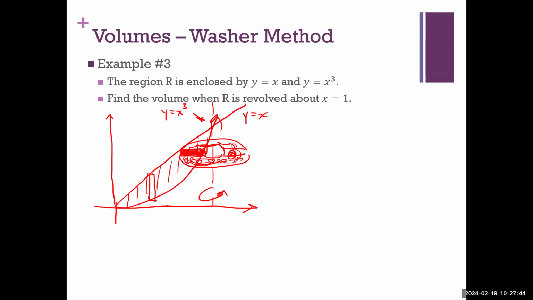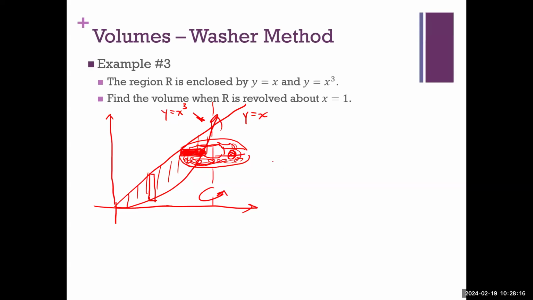If I revolve that around the axis we're trying to rotate over, what is that going to make? I mean, it's still going to be cylindrical in shape, but these cylinders are going to be totally hollow. They're going to have a very thin wall, and they're going to be these hollow cylindrical shells. So the way we handle those is different. We'll get to that in the next section.